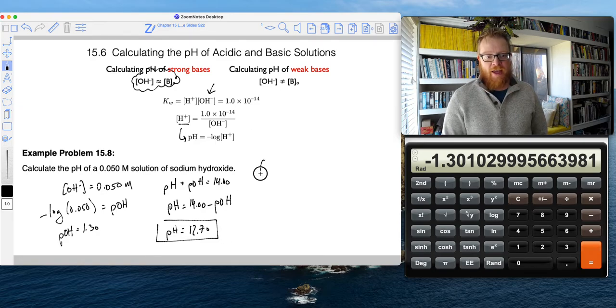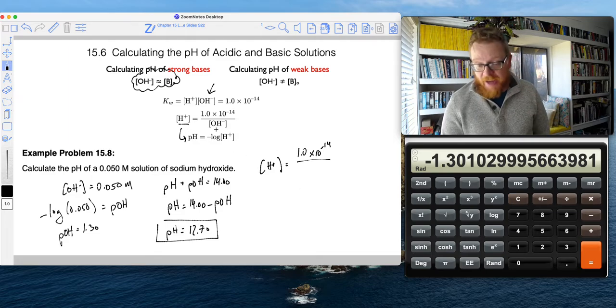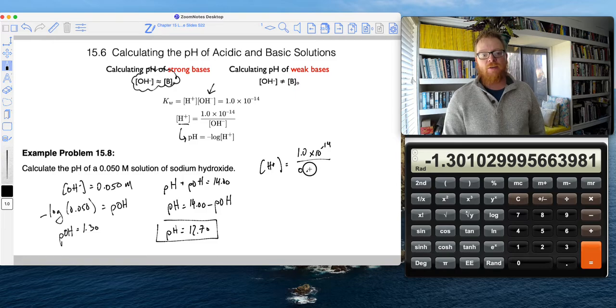Well, we could say that H plus equals, I'm going to write this formula down, 1.0 times 10 to the minus 14 divided by the OH minus concentration, and that's 0.050. Okay, so let's do that calculation.